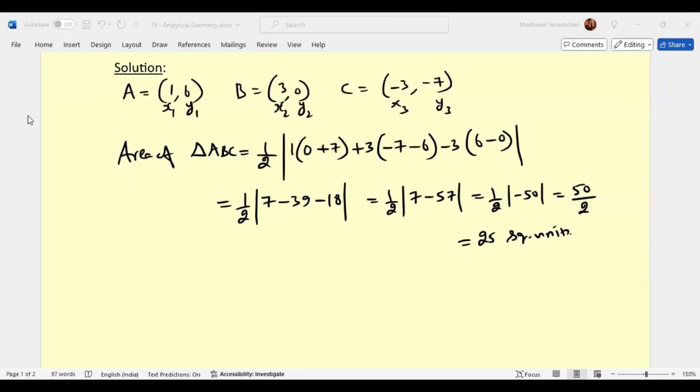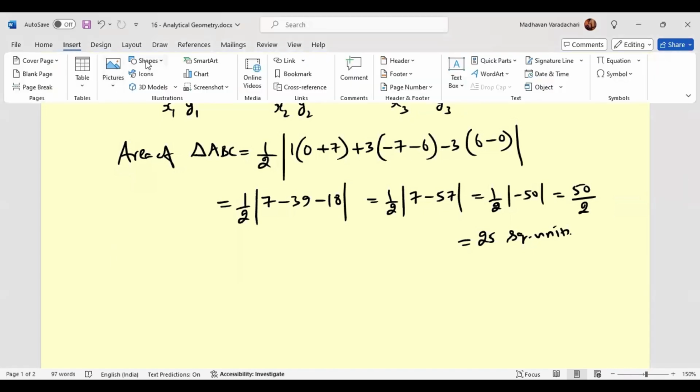We can evaluate the same area using determinants also. We'll see how we do that.